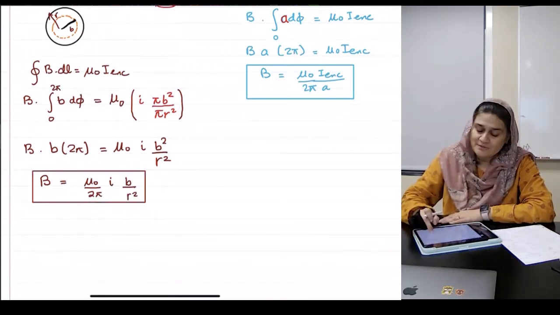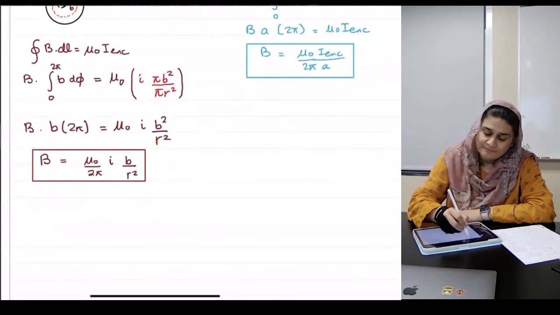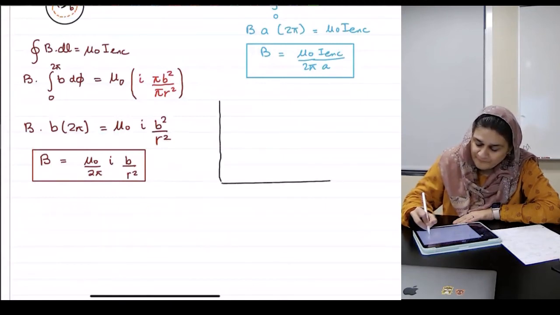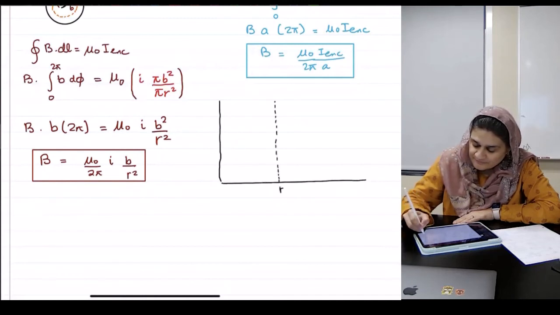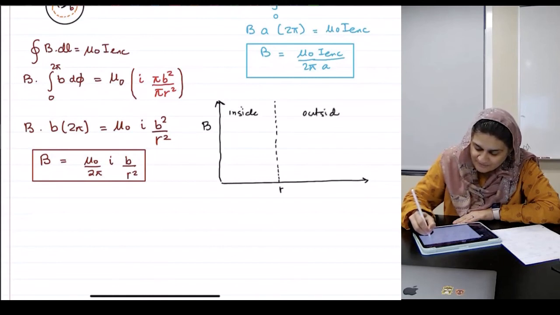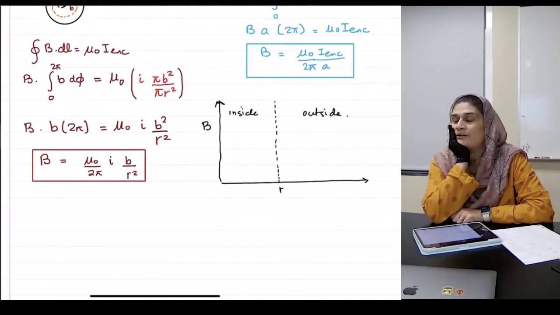Now look at these two expressions. How do I graph this? If this is my radius R, this is my B. This is inside, and this is outside. How will I draw this?